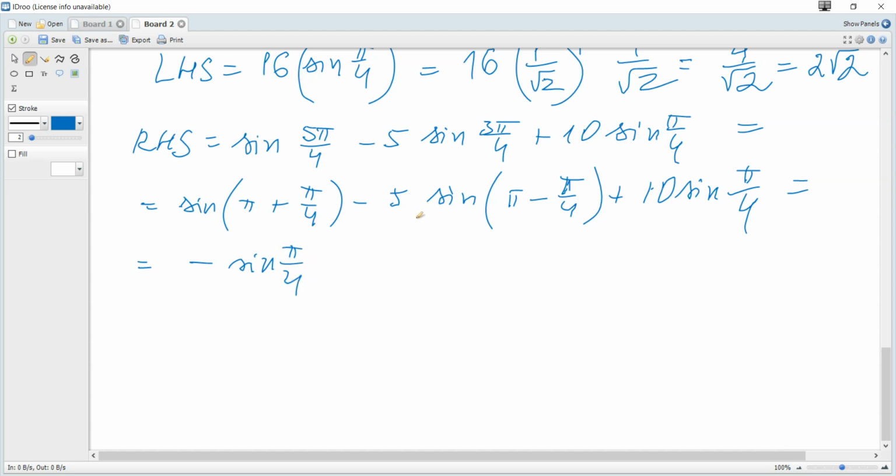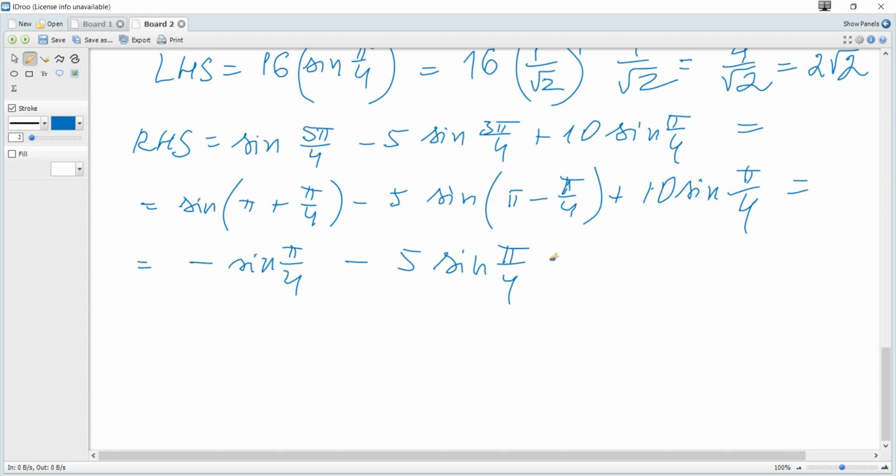You may use any other rule or symmetry as you like. Then minus 5, and again sine of pi minus pi over 4, so it will be sine, and the original angle pi minus pi over 4 and original function sine, it's the second quadrant, it's positive, so it will be also positive sine of just pi over 4. This minus, this sign doesn't matter.